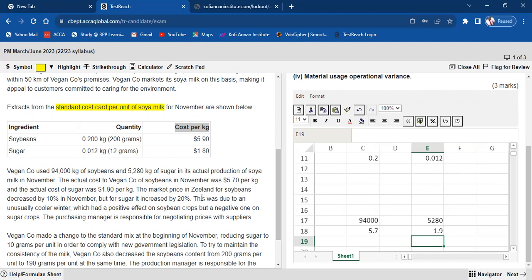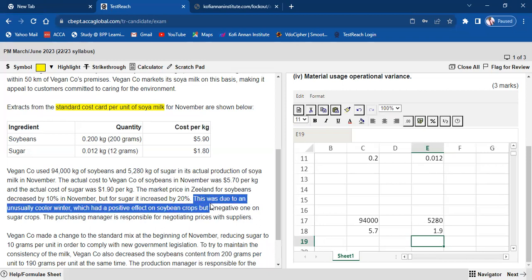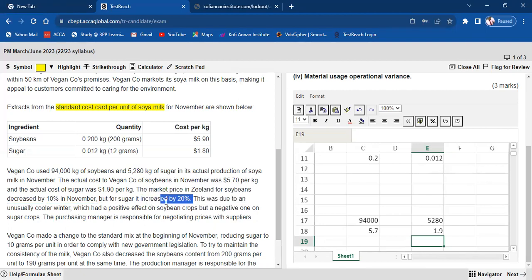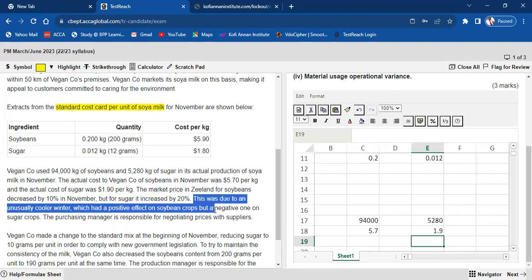Now, the market price in Zealand for soybeans decreased by 10% in November, but for sugar, increased by 20%. Now, listen, this was due to an unusually colder winter, which had a positive impact on soybean crops, but a negative one on sugar crops.